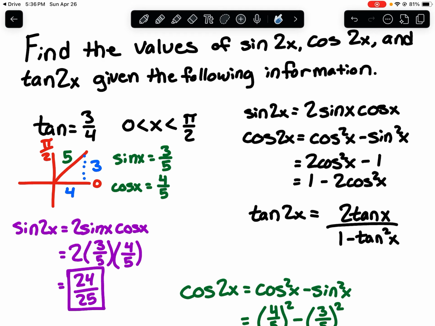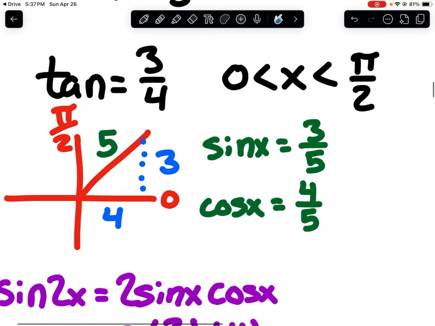In this case, we're given a tangent value. So tangent is 3/4, and x is in between 0 and pi over 2. That's essentially telling us which quadrant this angle is in, which helps us determine sine and cosine values. And then over on the right, I just have our double angle formulas rewritten there, so I don't have to scroll back to the top just in case I want to reference them.